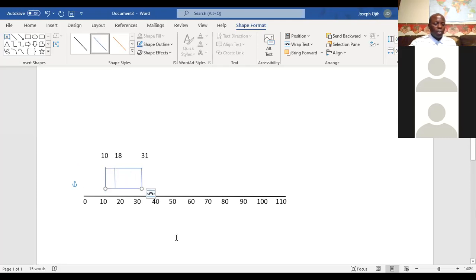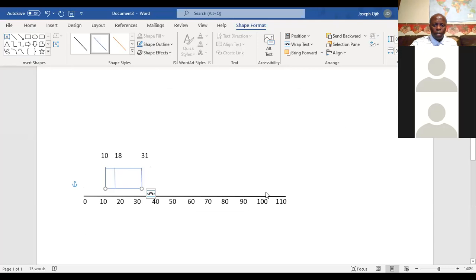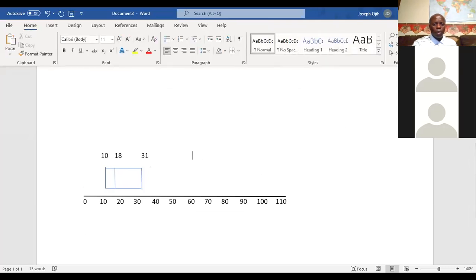Now, the largest number here is 104. I can just draw it here. 104 should be around this neighborhood. From here, I'll go all the way to 100, and 104 should be here.